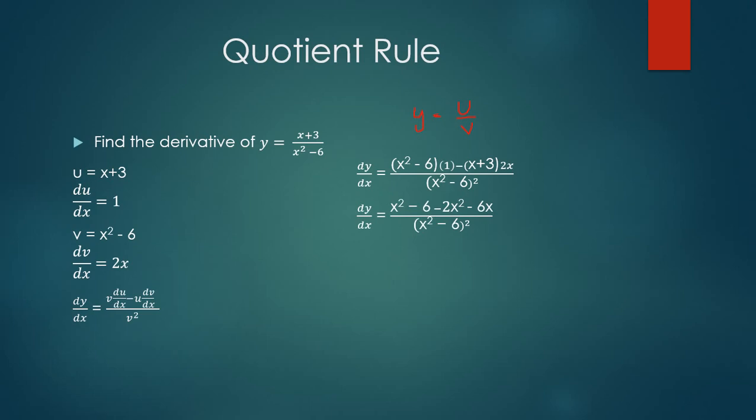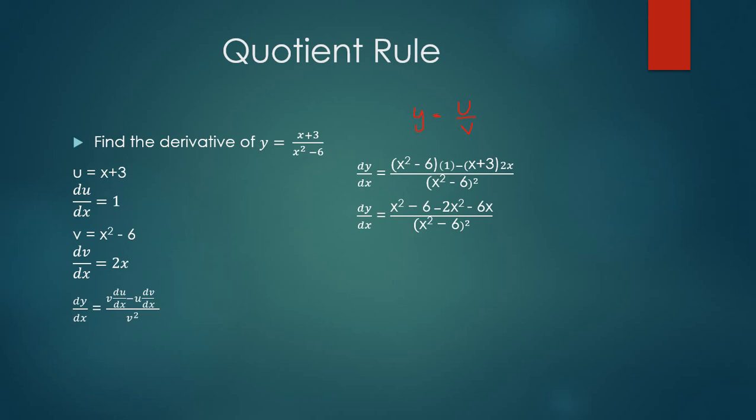So just a reminder, a question that I'm asked a lot. So we expand here. So 2x times x, that's 2x squared. 2x times 3, that's 6x. We distribute the minus sign, so it will be minus 2x squared minus 6x.